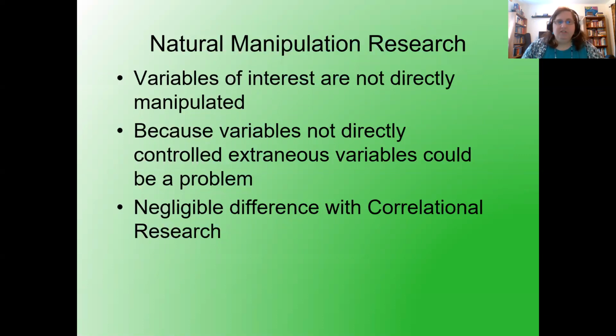Now, this type of research actually has a very, very negligible difference with correlational research. Basically, variables that you're more born with, like eye color or age, are more correlational studies, whereas things like winning a lottery or living far or close to the Twin Towers is more of a natural manipulation.